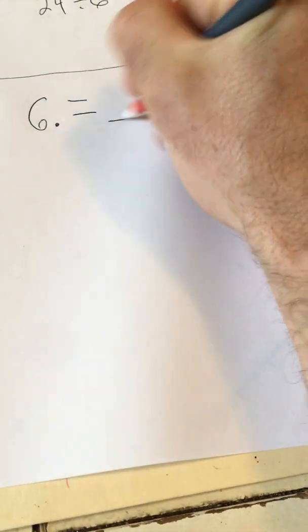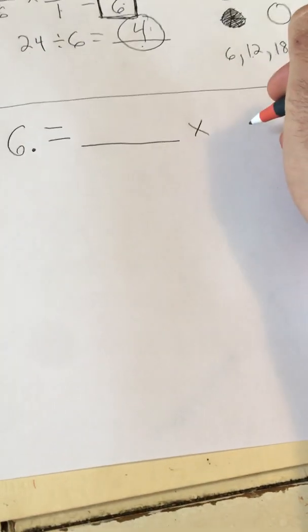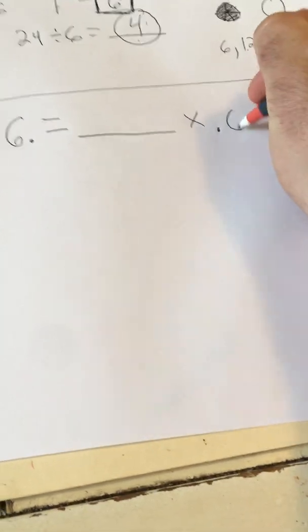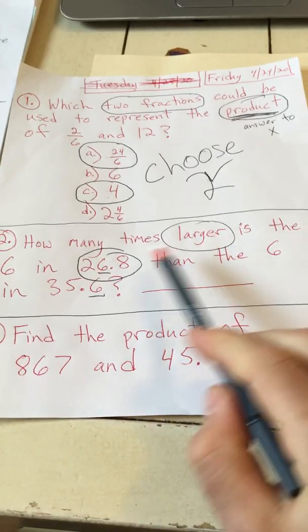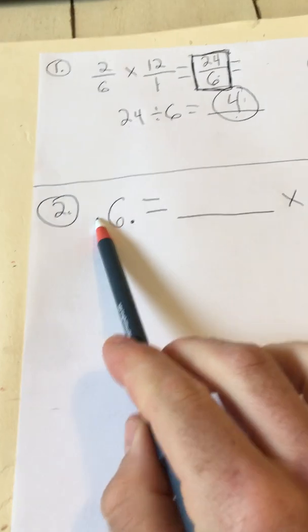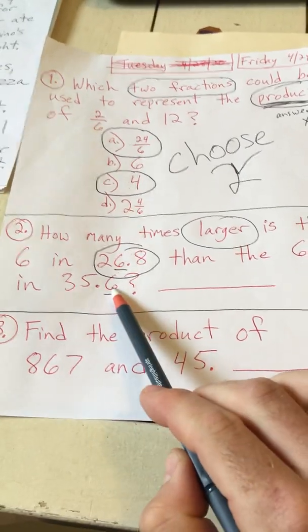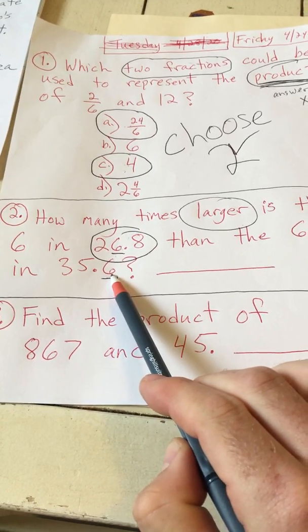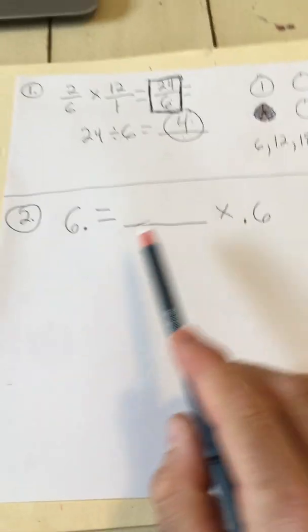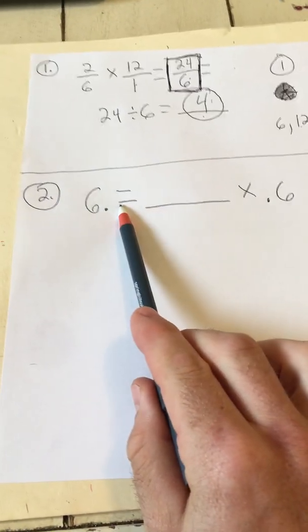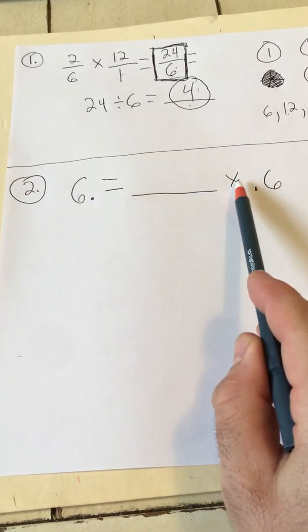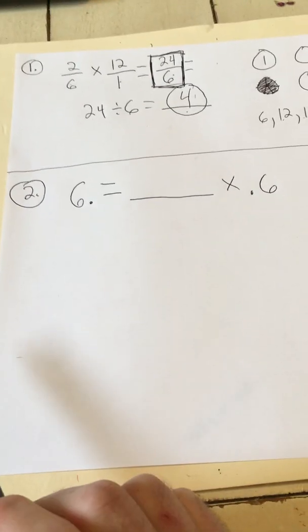So 6 is how many times larger than 0.6? So we have this: 6 is how many times 0.6?